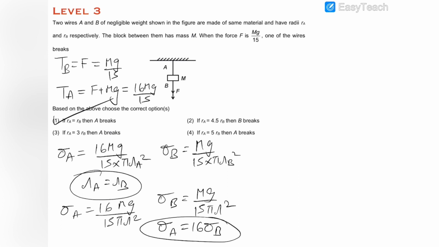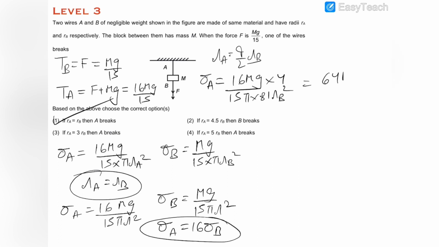Now if RA is 4.5 of RB, RA is equal to 9 by 2 of RB. So let us first of all substitute the value of RA. So sigma A is 16 mg by 15 pi RA square. Now I am substituting RA as 9 by 2, so it is 81 RB square by 4. So it is 64 mg by 15 into 81 into pi RB square.